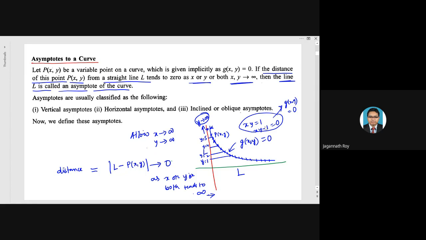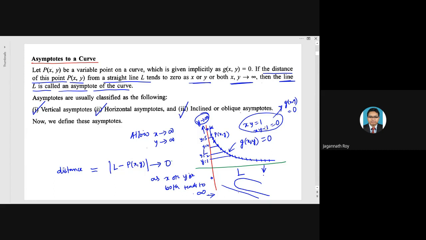So if we have a horizontal line, then it is called a horizontal asymptote. If this vertical line is an asymptote, then we call it a vertical asymptote. There is another possibility which we'll discuss, the inclined or oblique asymptote. For example, if the curve is of this form and we have an inclined line.